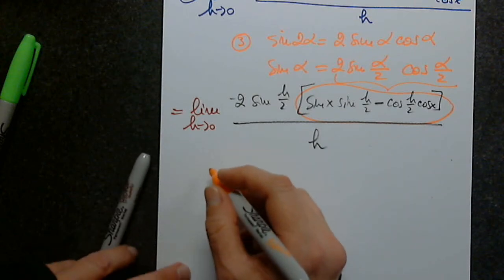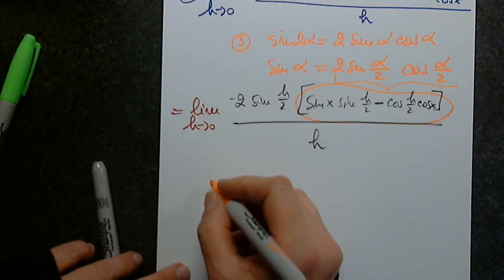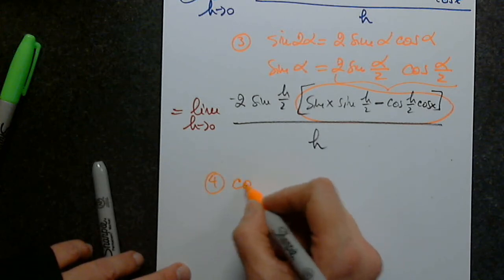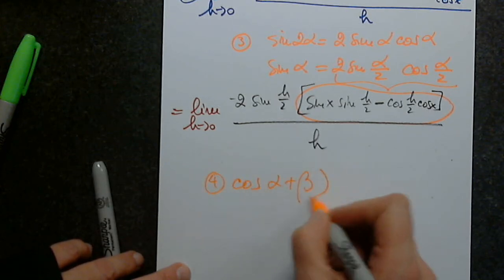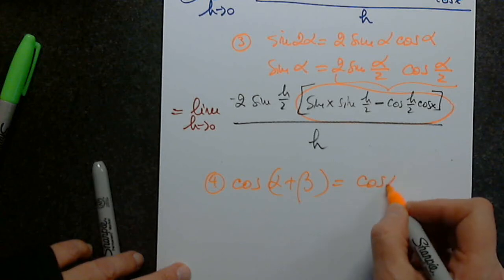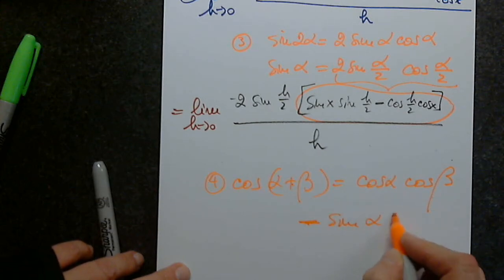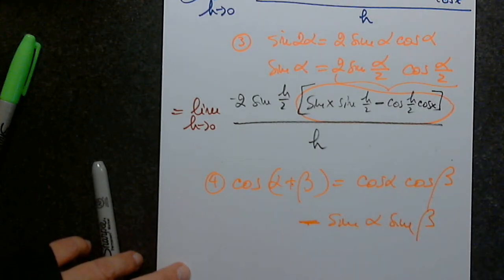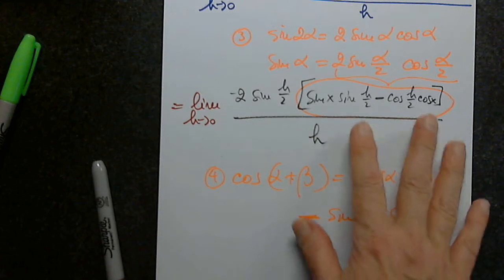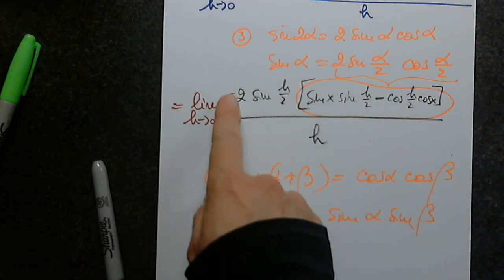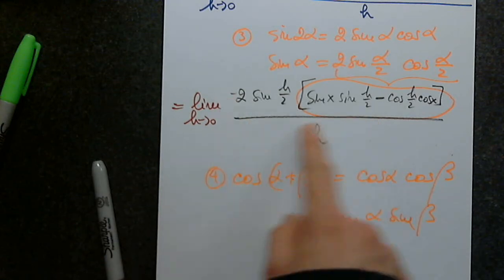Number 4, cosine alpha plus beta: cosine alpha cosine beta, but minus sine alpha sine beta. Yes, it's twisted. So I'm going to just multiply by -1 or just put the negative inside there.